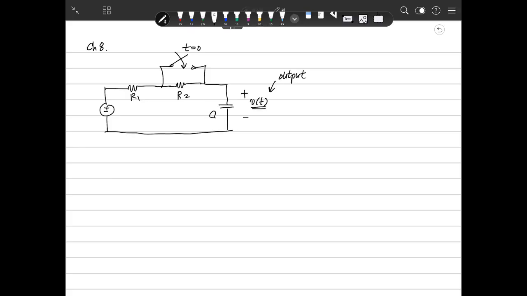And this is Vs, and this is the input. Then, in conclusion, the input is sinusoidal, then the output is sinusoidal.